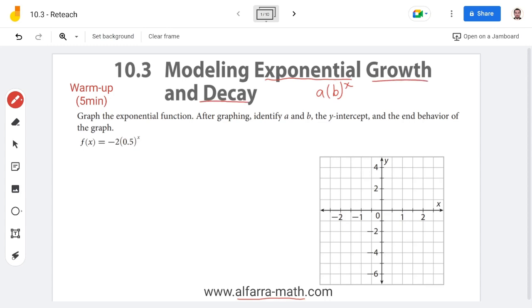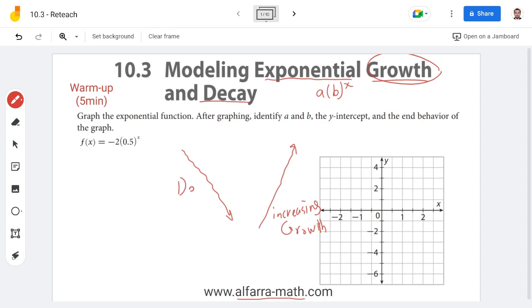Now, first of all, growth, from its name, growth means we are growing. If I have a plant, this plant is growing, which goes up, which means we can say it's increasing, okay? Growth means increasing. How about decay, which is the opposite of growth? Decay means decreasing, which means we are going down.